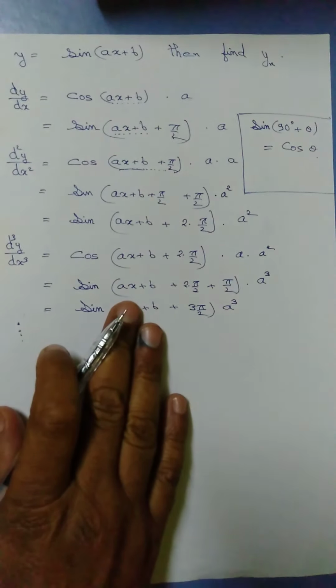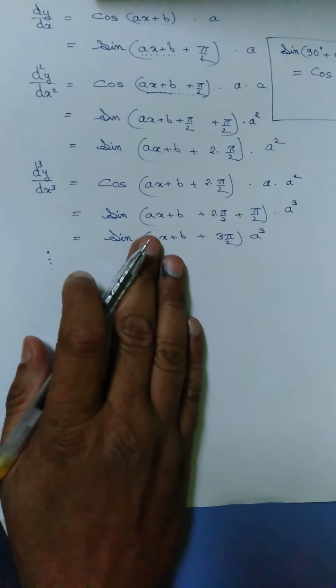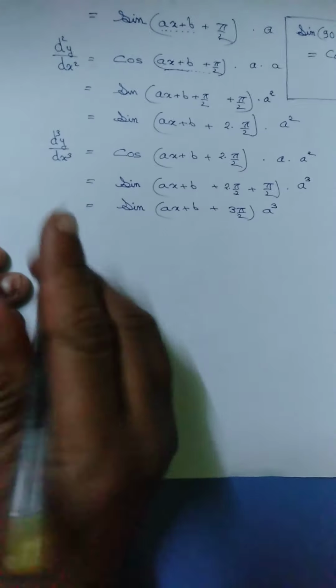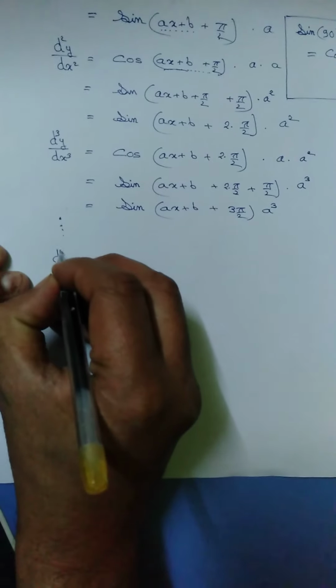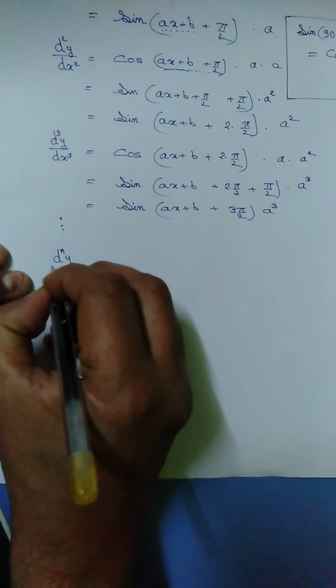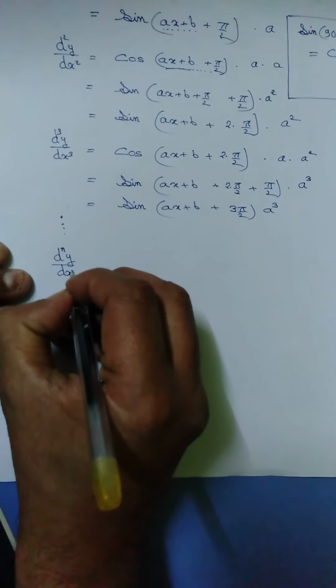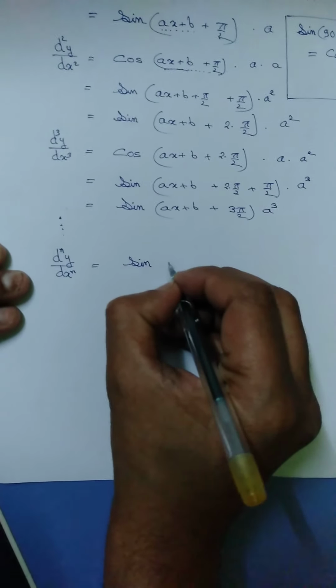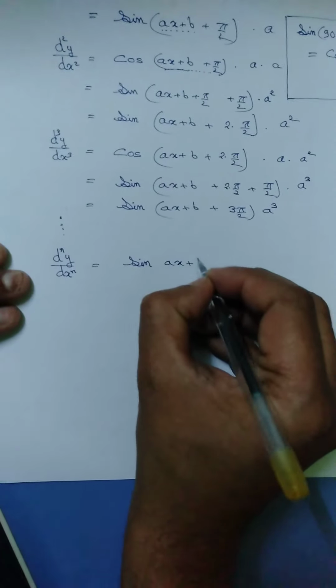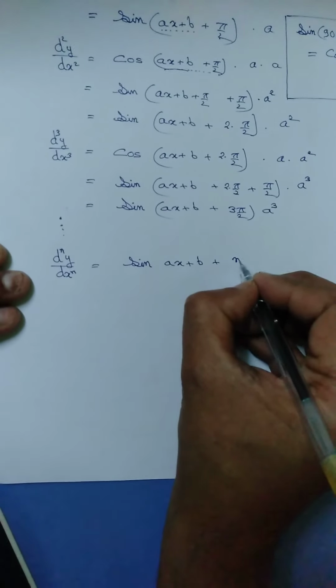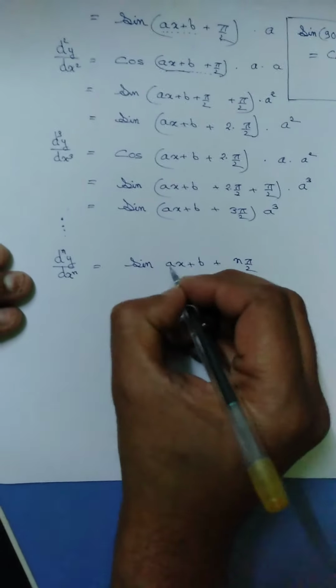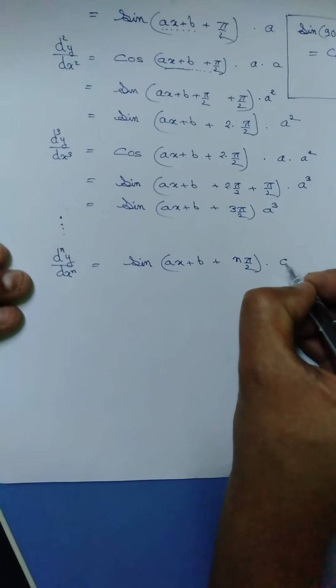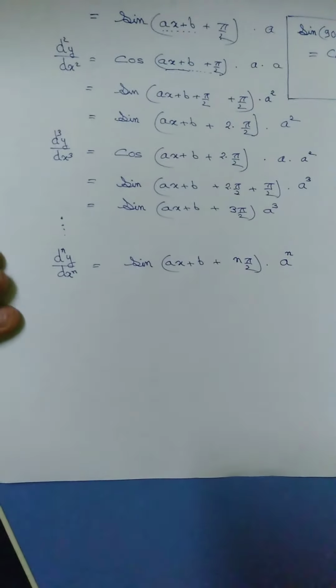If you take the nth differentiation, you should have sine of ax plus b plus n into pi by 2, into a to the power n.